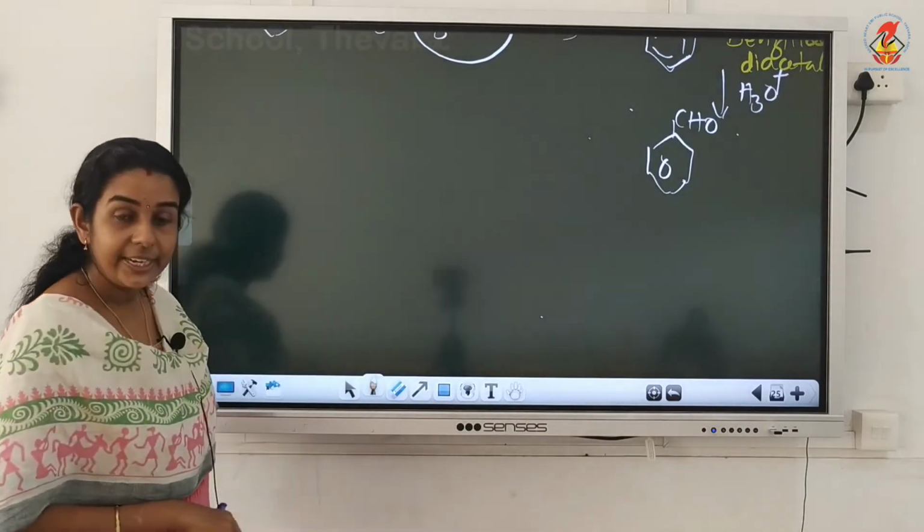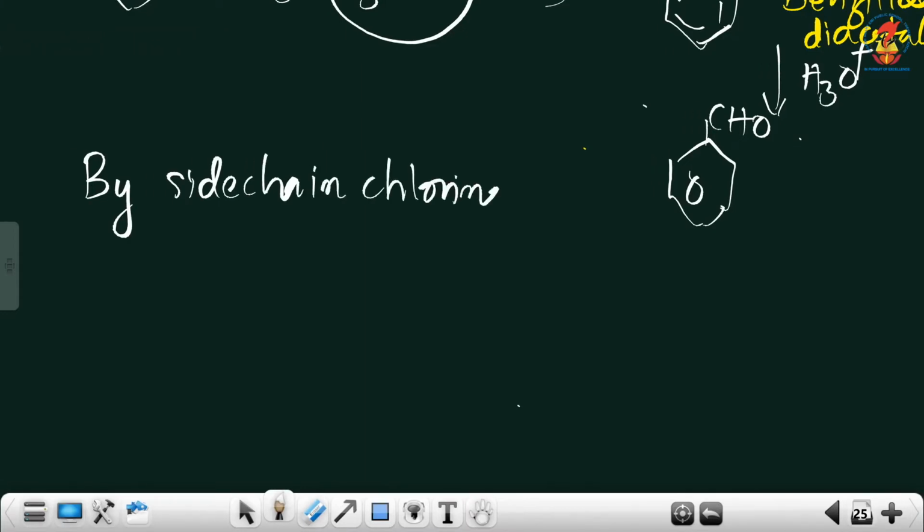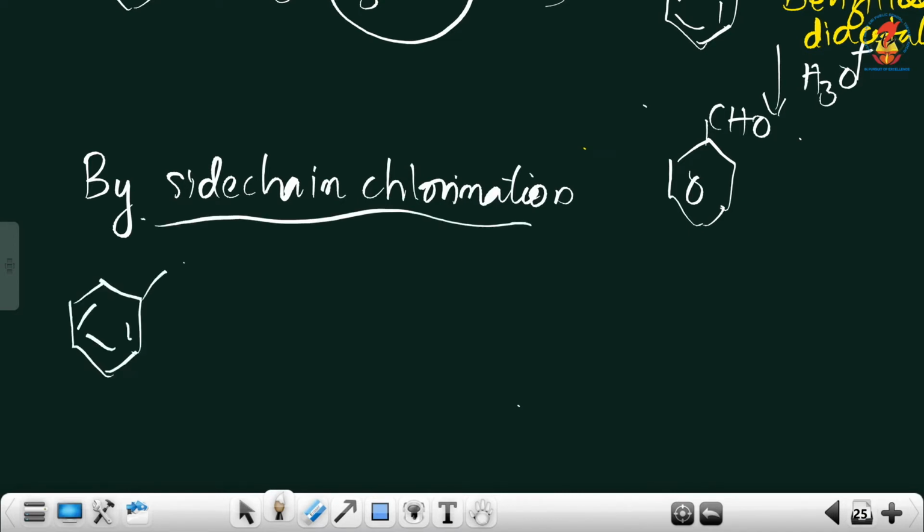This is another oxidation method for methylbenzene to benzaldehyde. Now, the next method is by side chain chlorination. Methylbenzene or toluene is treated with chlorine in presence of sunlight.